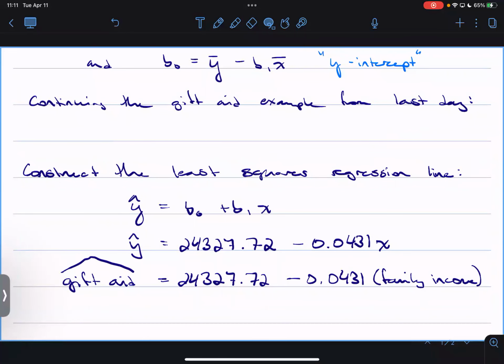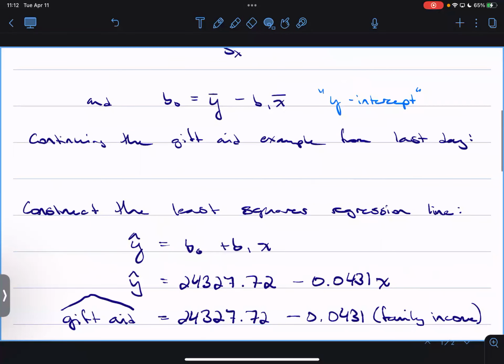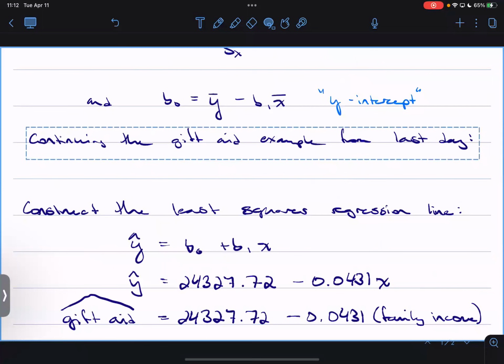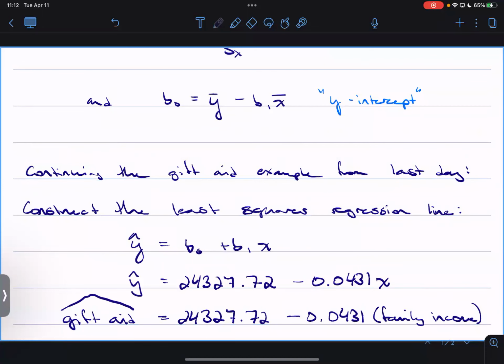We were told, or I told you, to construct the least squares regression line, which is something that you're going to have to do. And then what I'll do is I'll just bump this down and say end of review there. I had to call it at some point.